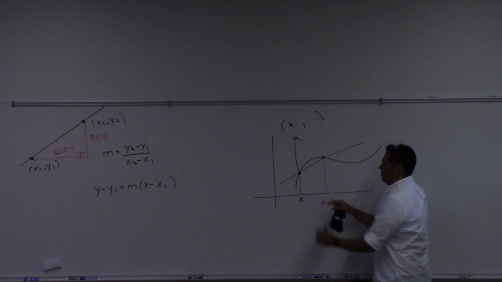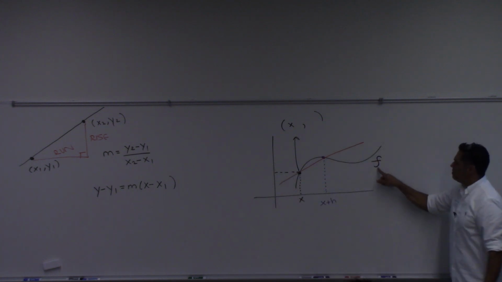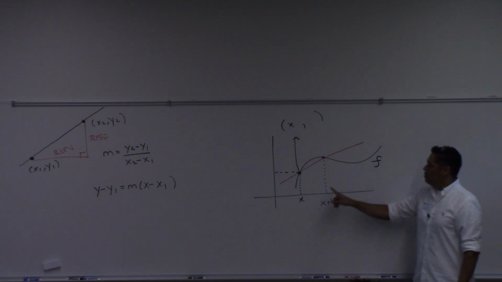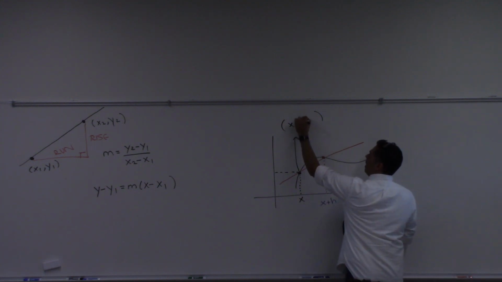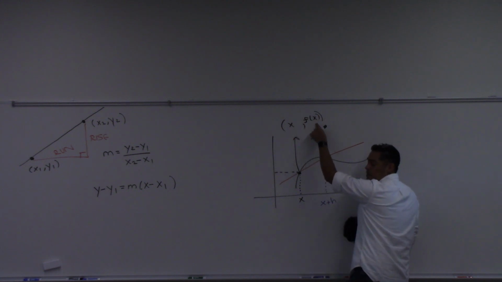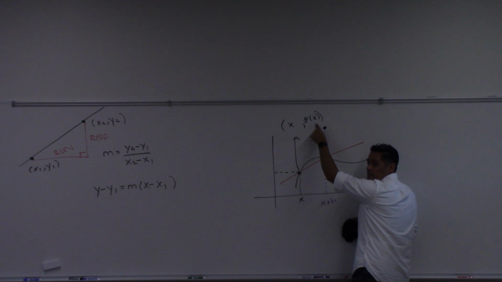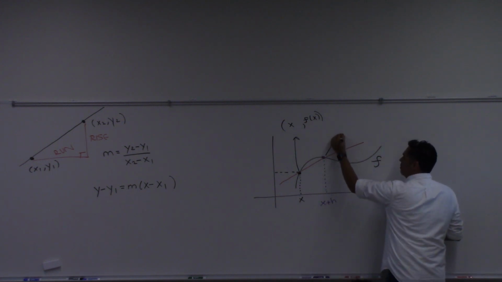What's the y-coordinate? Well, if this is the function f, then it would be whatever you get when you plug x into that function. So I'm going to call that f of x. You plug x into that function, and the output comes out. Yes? Okay.